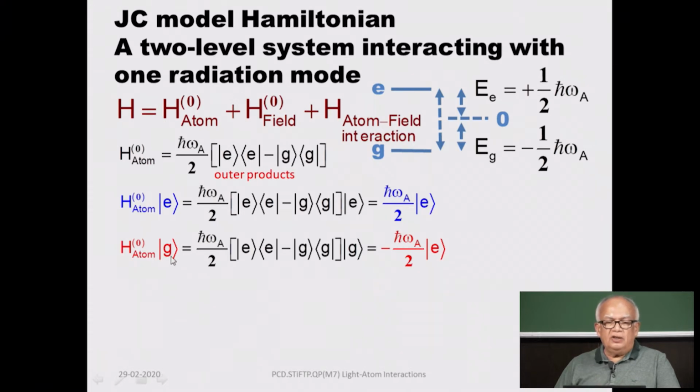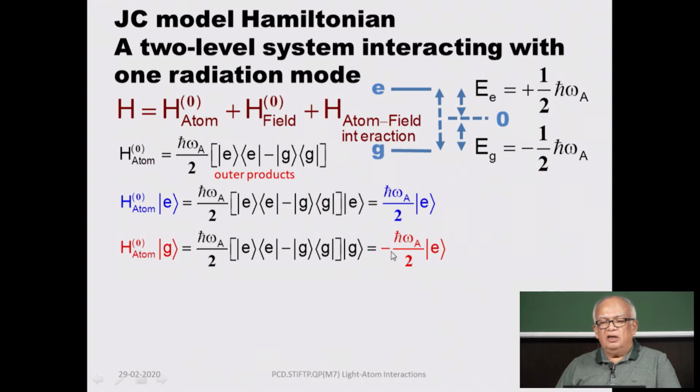And when it operates on the ground state, you have again this state gives you a factor of 1 through the scalar product, and with the excited state it gives you 0 because it is orthogonal to that, but you have got a minus sign over here.